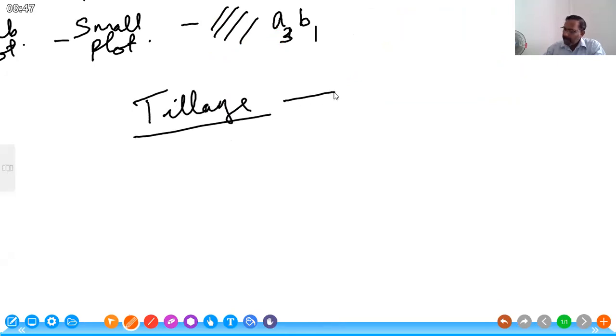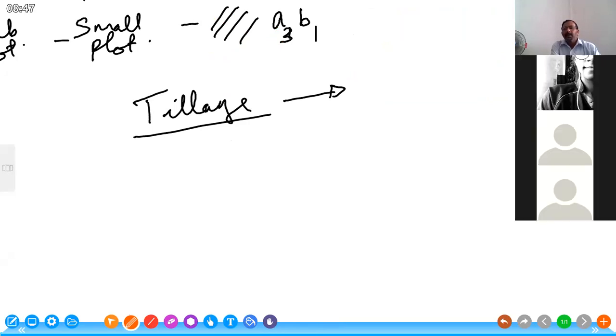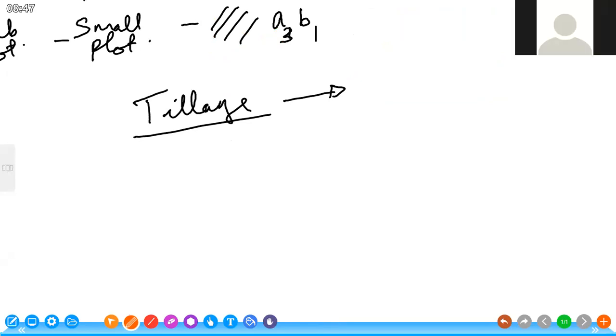I'm going to do the tillage. Tillage can be done by what method? Anyone? I'm going to ask an agriculture question. What does tillage mean? You can answer in any language.